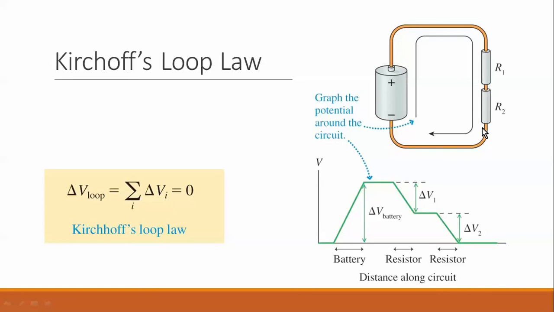Then we go through a wire again, so our potential is constant. Then we go through a second resistor, and our potential decreases again. So now we're at the end. We travel through the wire, no change in potential, and we get to the beginning of the battery where our potential goes to 0. So the sum of all the changes together is equal to 0.